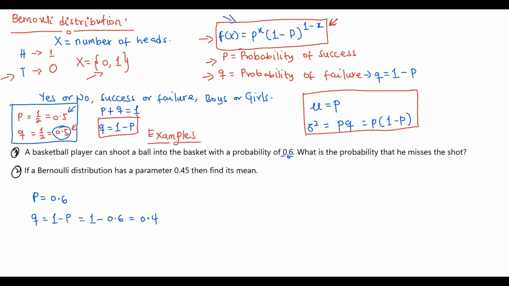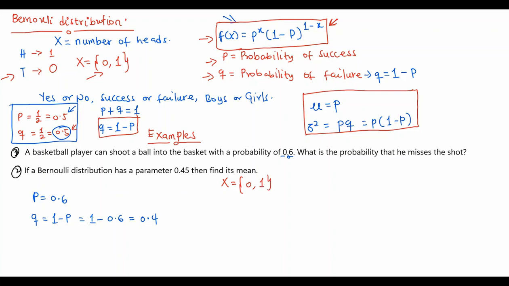Let's say our random variable x is the fact that the basketball player was able to shoot the ball. So x can be 0, which means he was not able to score, or 1, which means he was able to score.